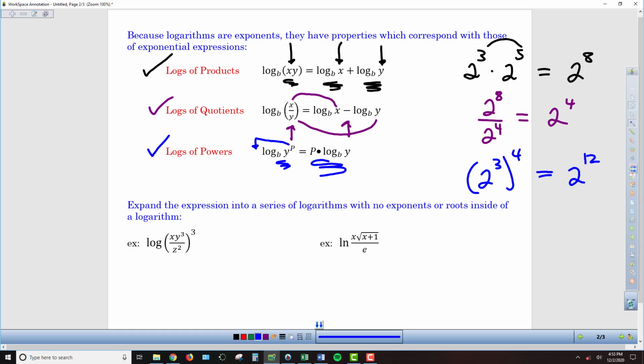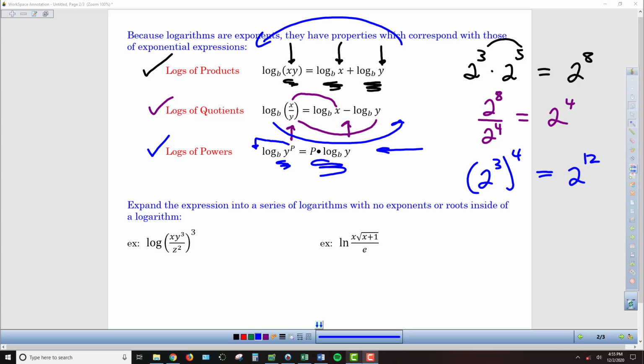So these three properties allow us to combine multiple logarithms into a single logarithm if we're basically moving this way. We can take a single logarithm and expand it into multiple logarithms if we're moving that way. And then it also is helpful for circumstances where we have exponents inside of a logarithm to bring those out should we need to, or more likely, if we have a coefficient out in front of a logarithm, we can move that to the inside of the logarithm as an exponent on what we're taking the log of.